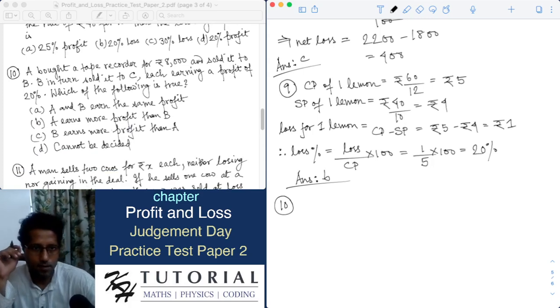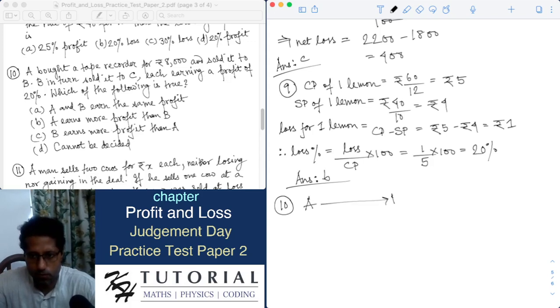It says that A bought a tape recorder for rupees 8,000 and sold it to B. So let's say CP1 is the cost price for A, that is the price at which A purchased the tape recorder.